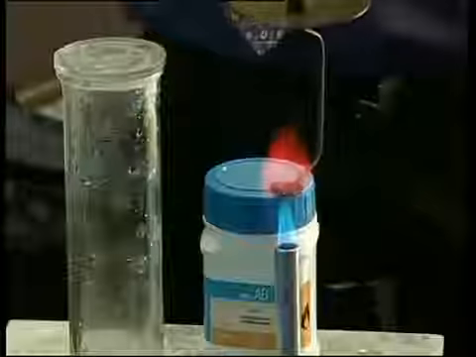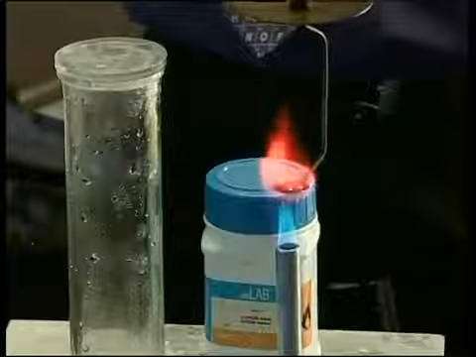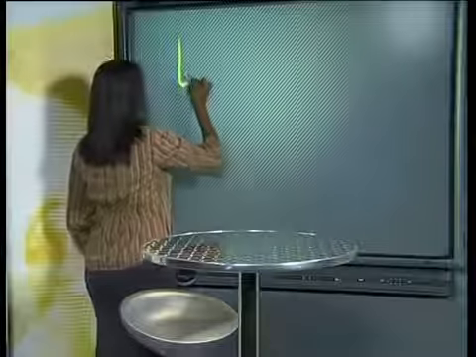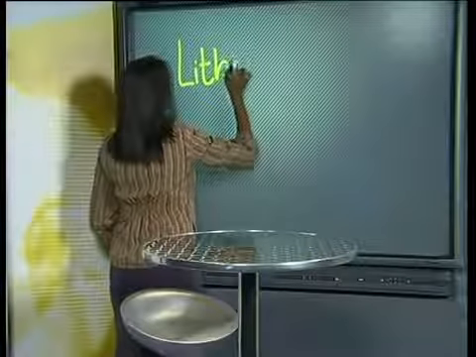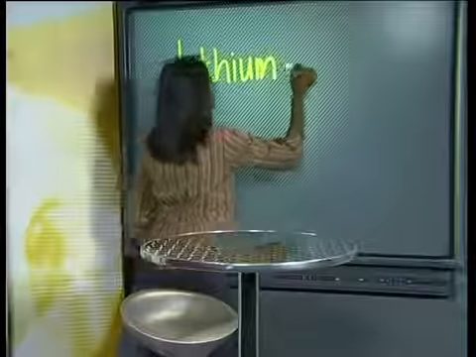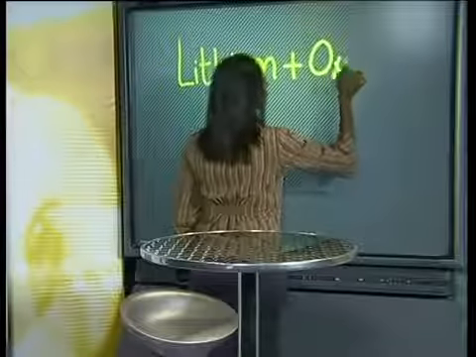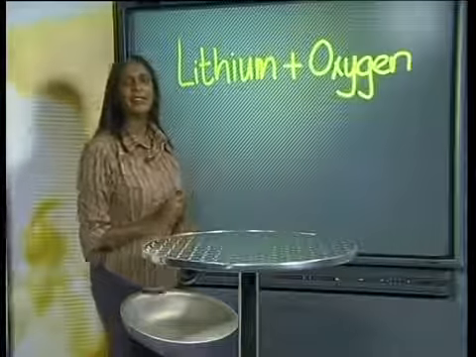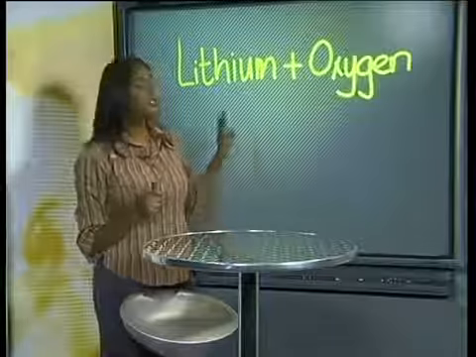Let's begin our experiments, starting with lithium. Lithium burns with a pinkish red flame. In oxygen, it burns more vigorously and with greater brightness. Can you see that the product formed is a white powder? Do you know the name of the product that forms during this reaction? Well, when lithium and oxygen react, the product will be a combination of these two elements.